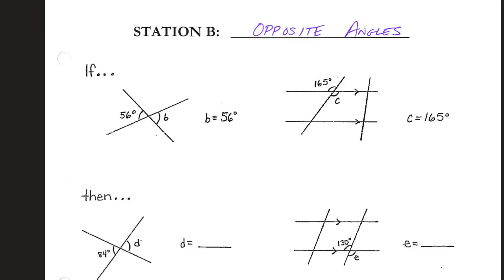Well, if I have a line intersect another line, then what that always does is it forms four angles. I get this set of opposite angles in red, and I get this set in green. And what you would have seen then is that my B value equals 56.